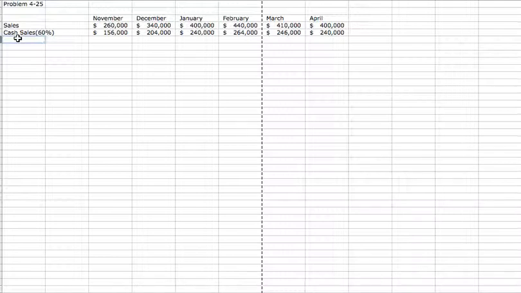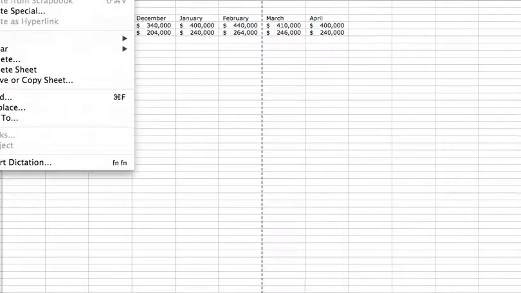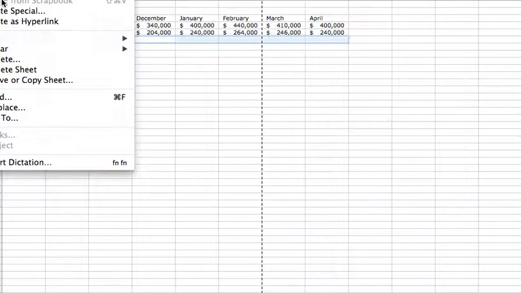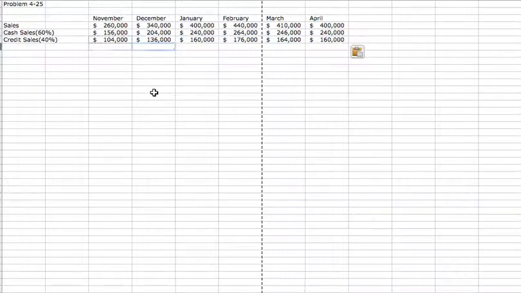So our credit sales are going to be 40%, or there's going to be our total sales minus our cash sales, right? And we just multiply that again. We copy and paste that across the board.